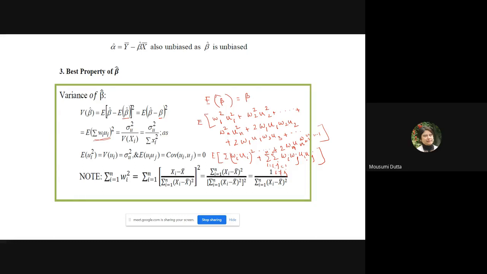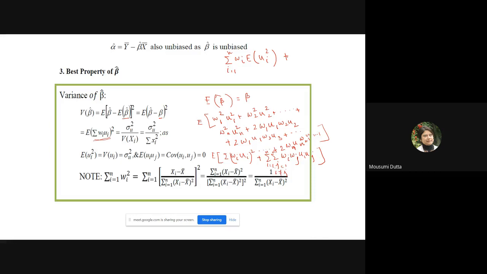Okay, so we are at this step. Now I have to operate expectation on all the terms. So in the first part, when I'm writing summation wi ui whole square, basically I have, is it okay?